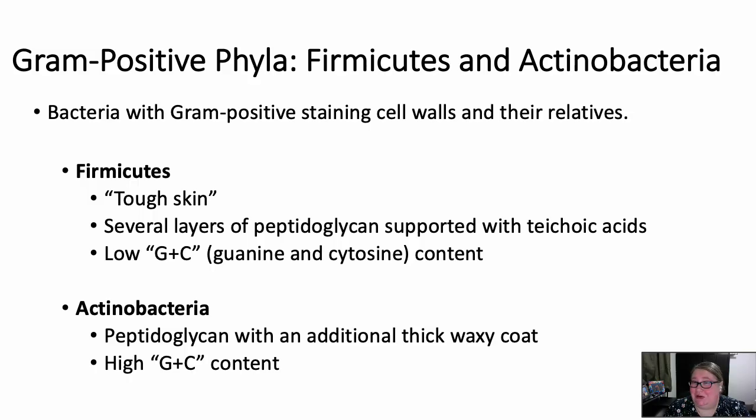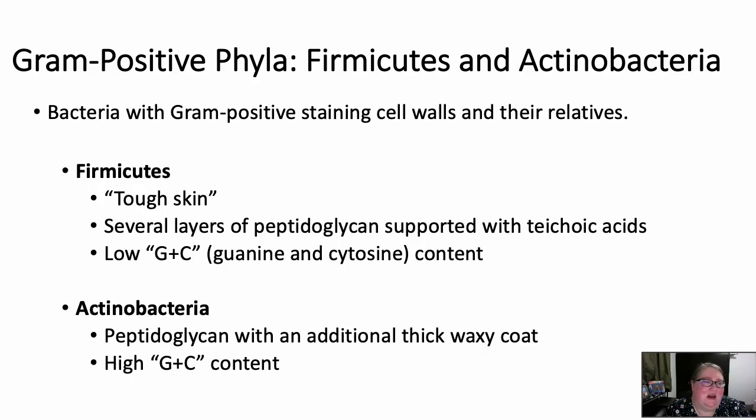And we know that endospores are heat resistant, chemical resistant, antibiotic resistant. They pretty much can survive about anything. So tough skin indeed. Now, they are characterized by having a really thick cell wall. Okay, this is going to help them resist drying out. They are going to have several layers of peptidoglycans supported with teichoic acids like we talked about when we talked about cell envelopes.